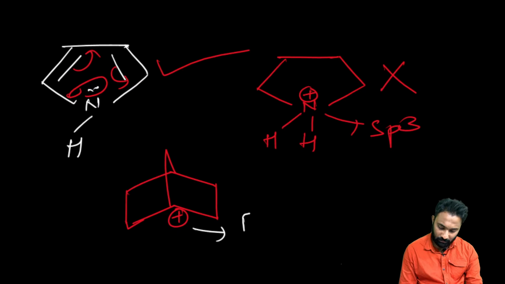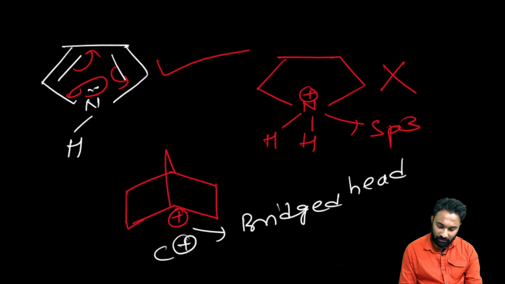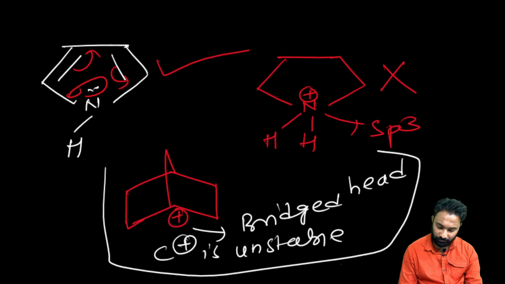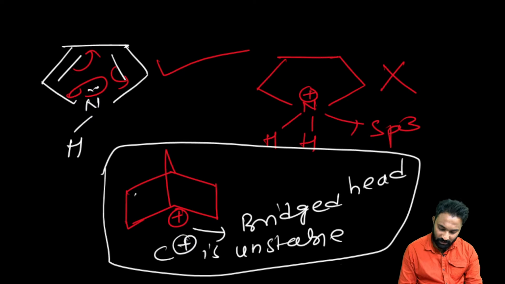A bridgehead carbocation is unstable because it will not be stabilized by the adjacent groups. Even if a pi bond is present here, no delocalization will happen. Unstable. Done. Good.